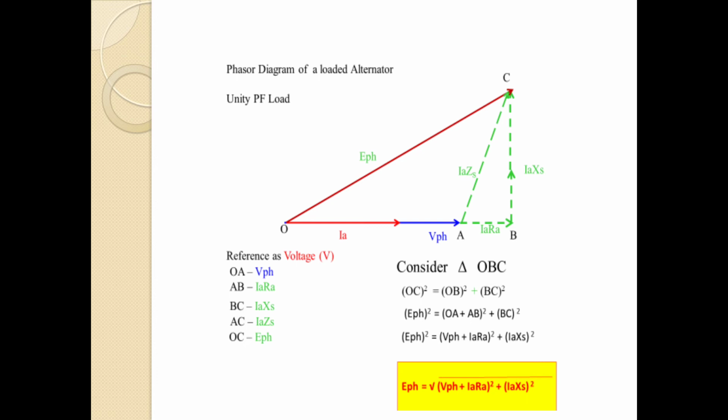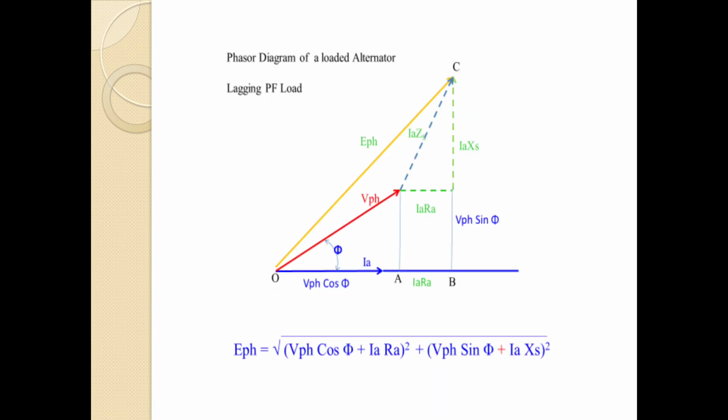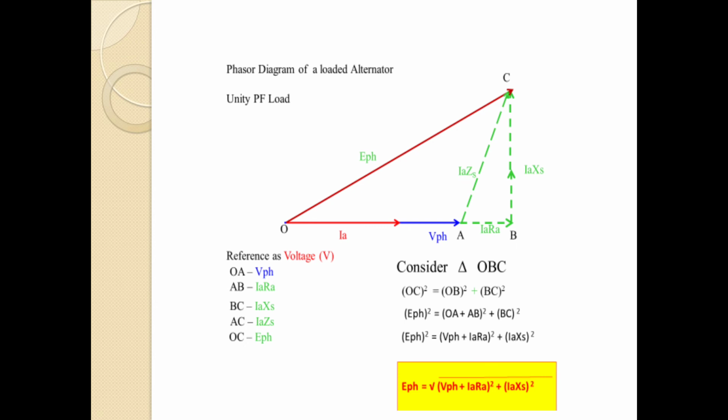Phasor diagram of a loaded alternator at unity power factor. Reference voltage V. OA is V phase, and AB is Ia Ra, and BC is Ia Xs, and AC is Ia Zs, and OC is E phase.